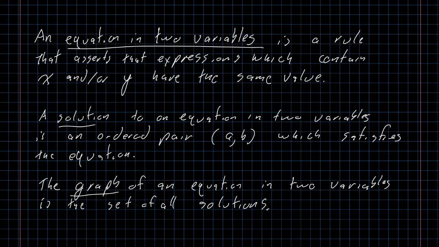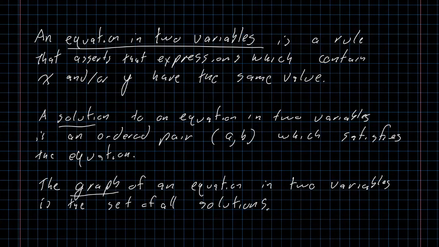In a full course on analytic geometry, we might specify some distinctions here. The solution set is the set of all solutions, and the graph is the depiction of the solution set in the coordinate plane. But that distinction is not important to us here.